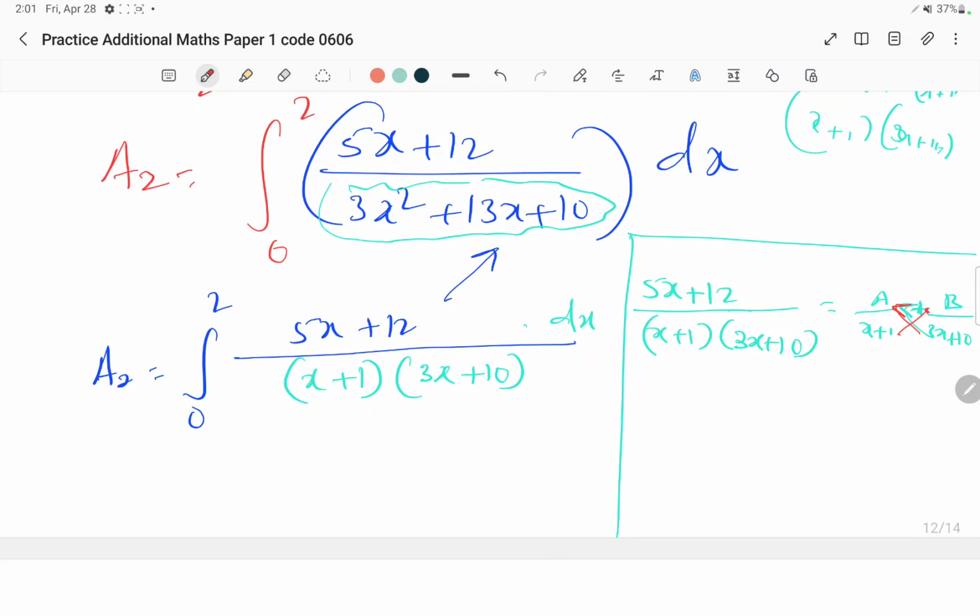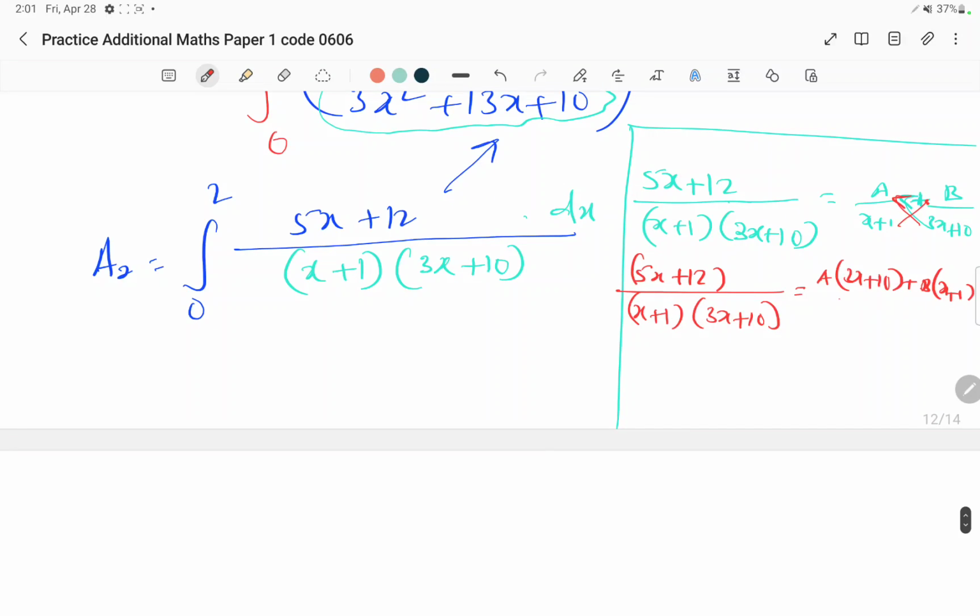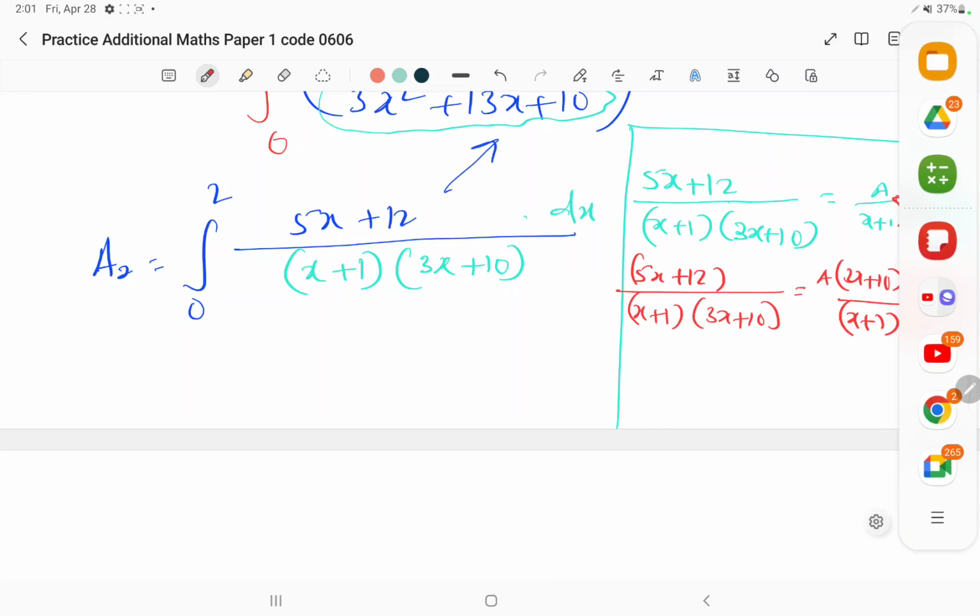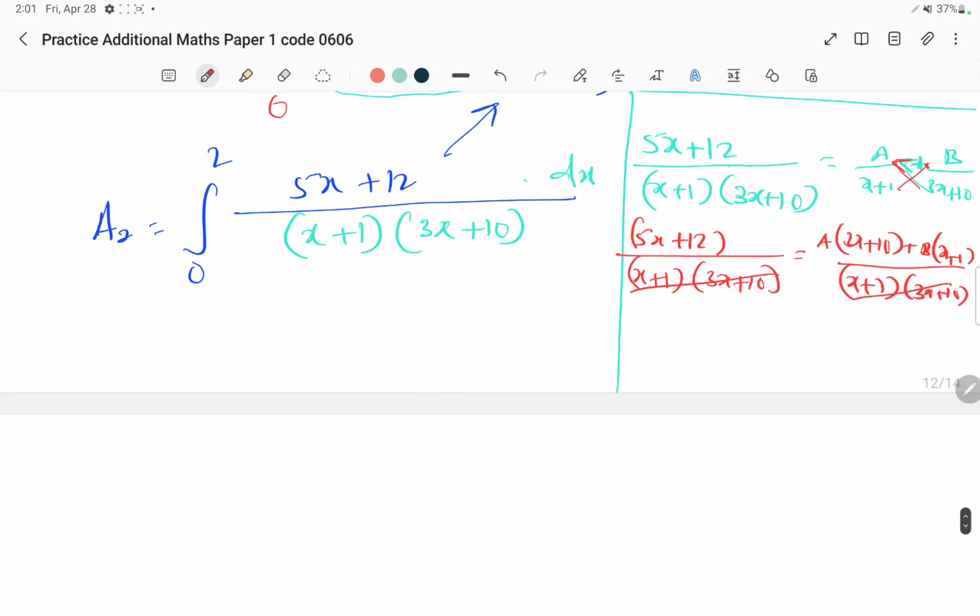So here you will get 5x plus 12 over x plus 1 times 3x plus 10 equals A times 3x plus 10 plus B times x plus 1, over x plus 1 times 3x plus 10. The denominators we can cancel. So we will get 5x plus 12 equals A times 3x plus 10 plus B times x plus 1.